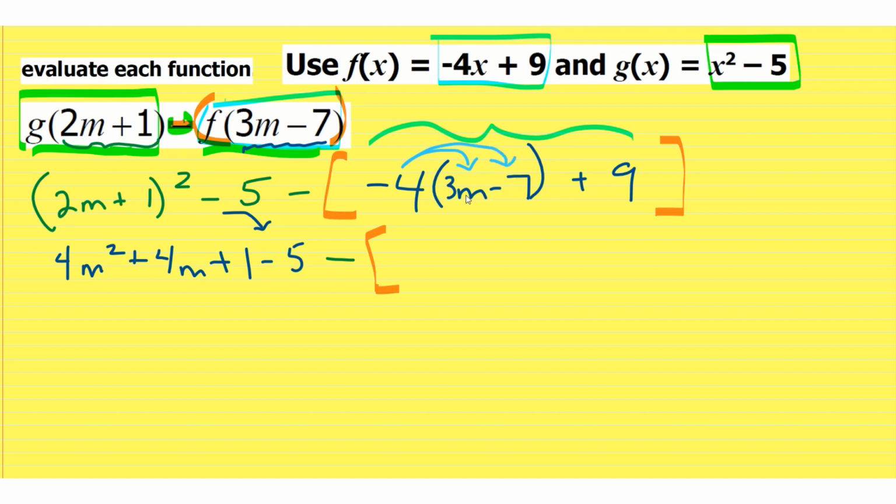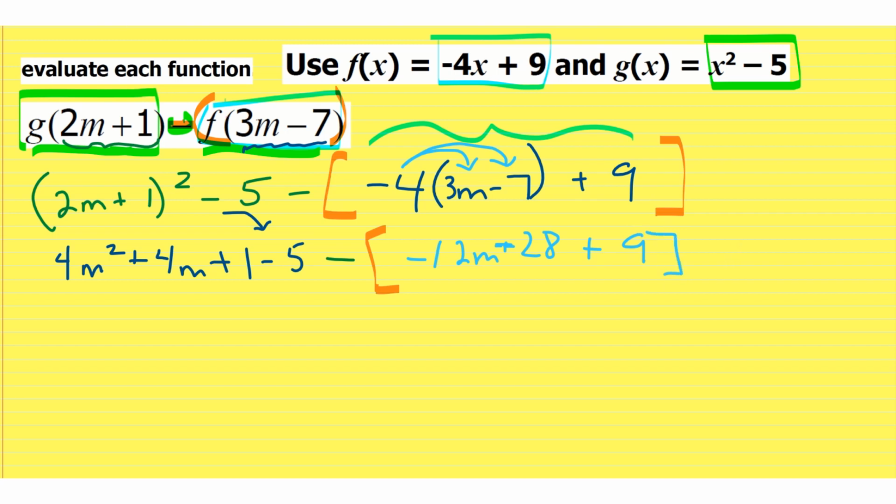Since I cannot actually combine 3m and 7, those are not like terms, but I can eliminate the parentheses by distributing or multiplying that negative 4 into the parentheses. So I'm going to end up with negative 4 times 3 is negative 12m. Negative 4 times negative 7 is a positive 28. And then I still have my plus 9 over here. Okay, and close my bracket.